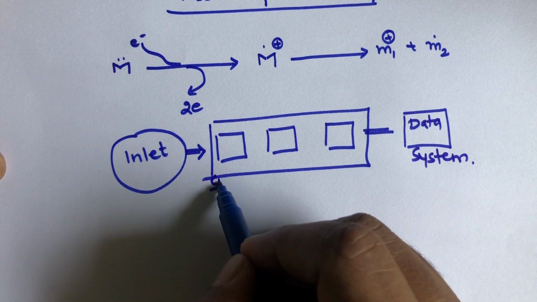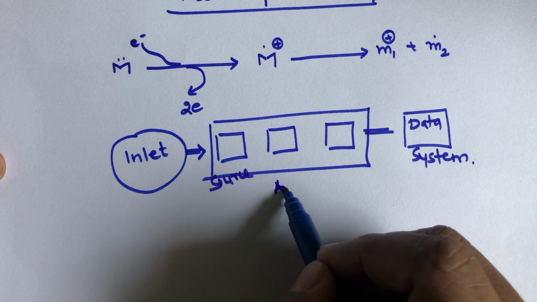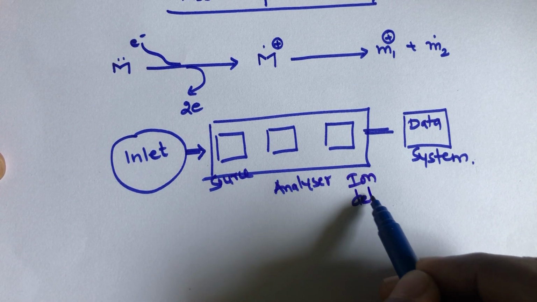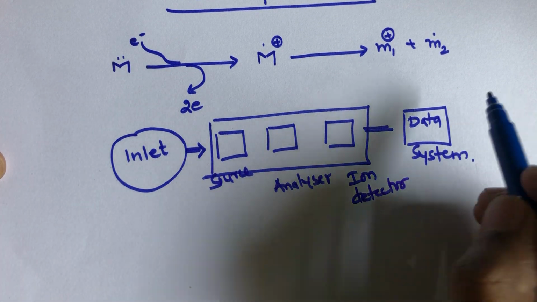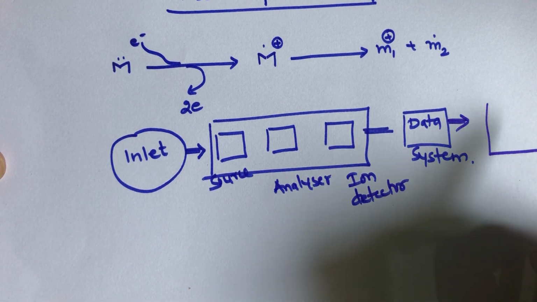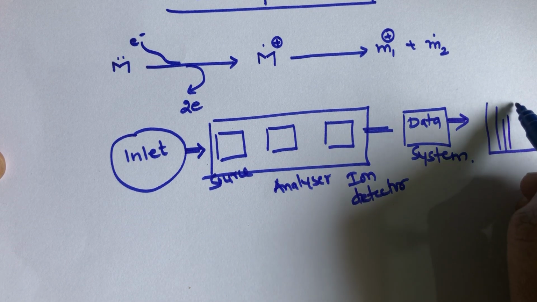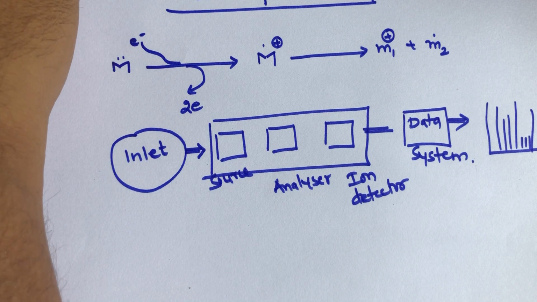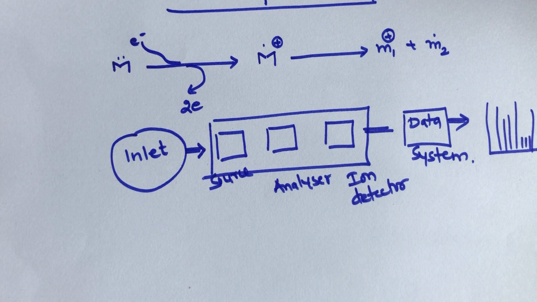We have the source, then we have the analyzer, then we have the ion detector, then it goes to the data system where the data output you get is in the form of lines like this. That is the mass spectrum that you get. There are major steps involved: one is ionization, then acceleration, third is deflection, and then the fourth is the analyzer.